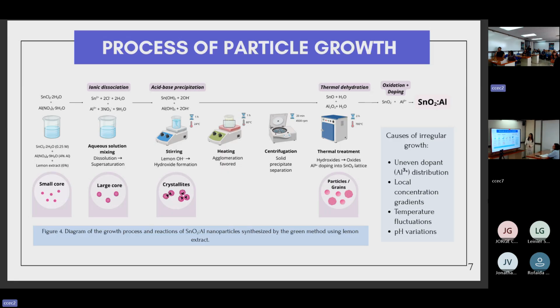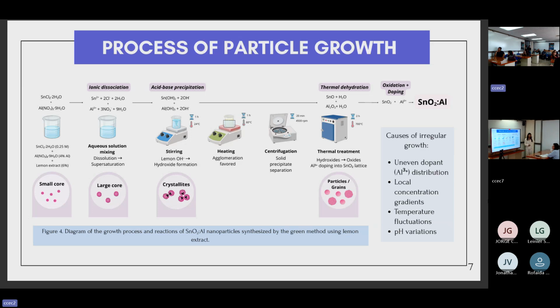Then, for the process of particle growth, the divalent tin and the trivalent ions of the aluminum increase the ionic dissociation, because when we mix our lemon extract, it begins to grow small pores, and then the ionic dissociation increases with large pores, and then with the acid-base precipitation, it has a crystallite size, and then after the thermal dehydration of our nanoparticles, it has the particle grains.